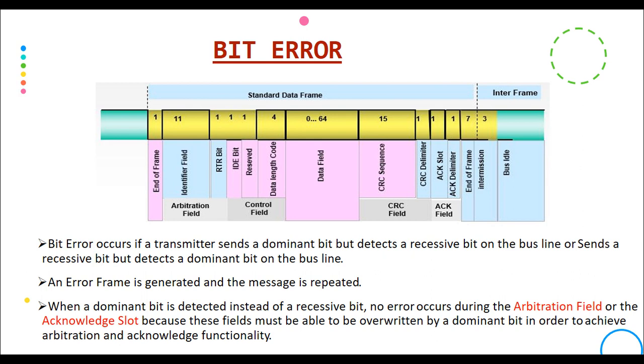An error frame is generated and the message is retransmitted or repeated. When a dominant bit is detected instead of a recessive bit, no error occurs during the arbitration field or acknowledgement slots, because these fields must be able to be overwritten by the dominant bit in order to achieve arbitration and acknowledgement.